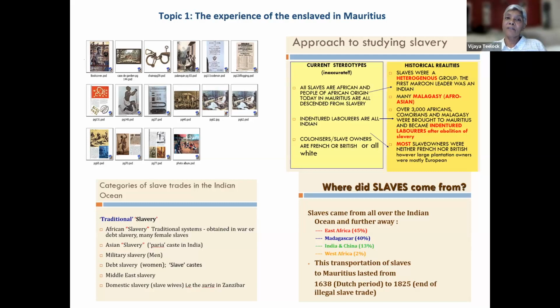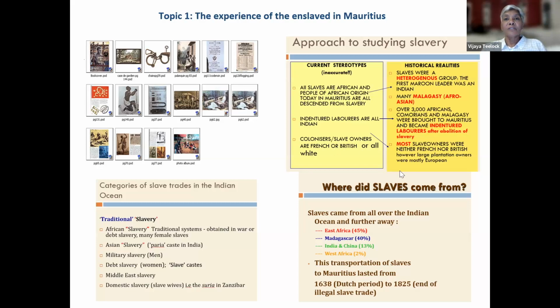Another stereotype is that all those who came as indentured laborers after the abolition of slavery were all Indian or Asian. And finally, the third stereotype that we often hear from students is that all colonizers or slave owners were of French or British origin, or all white, as the word that we tend to use in Mauritius.